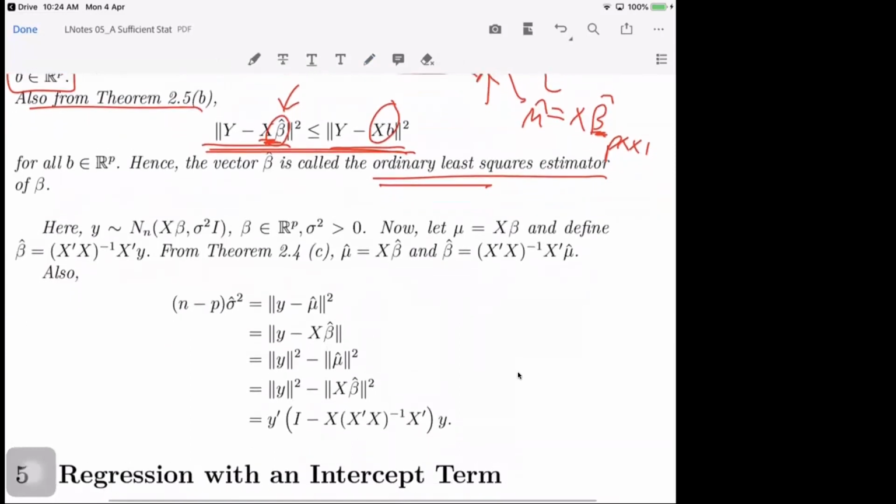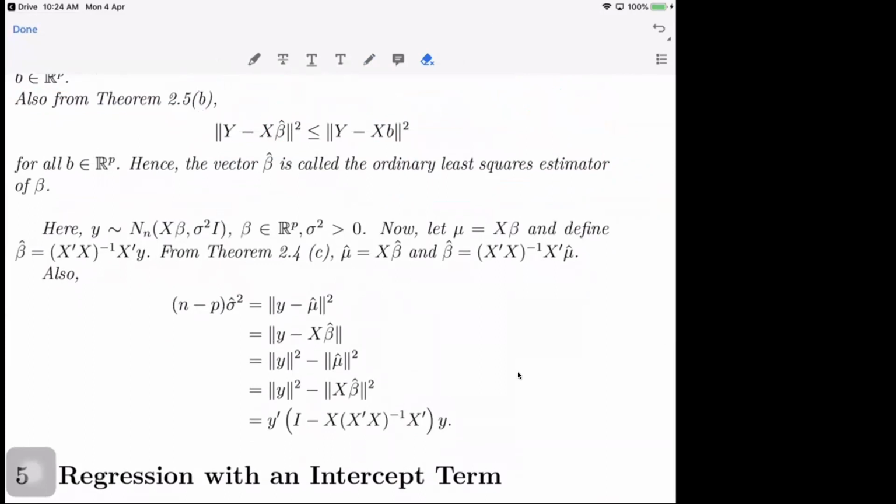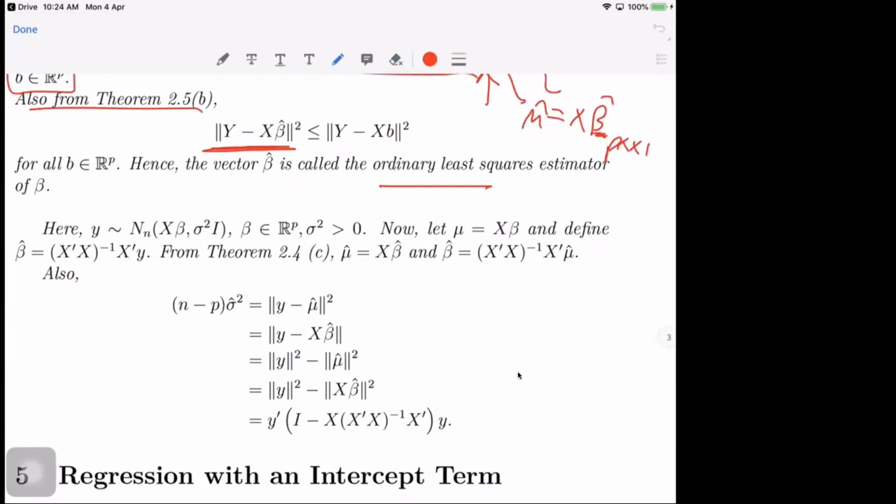So why is it least? Because what we are doing is we are trying to get the differences between y and our estimator ang pinakagamay, no, pinaka least na square distances. So actually, we have derived this earlier na in particular, if we have a particular y here, you can express that in this manner.